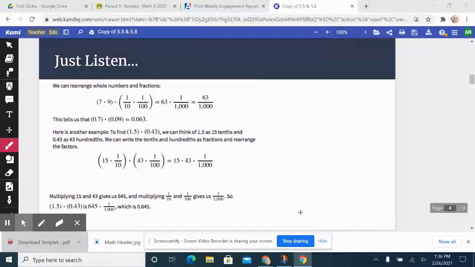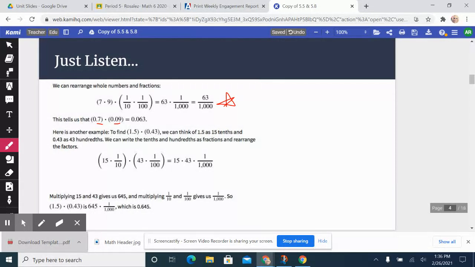So we can rearrange the whole numbers and the fractions. So that's kind of what you're seeing right there. And this tells us that 0.7 times 0.09 is 0.063. So remember what I taught you last time was these decimal places that are here are going to move your decimal over to the left.